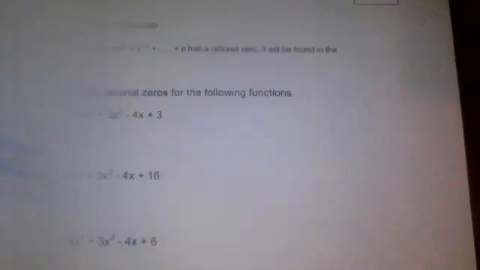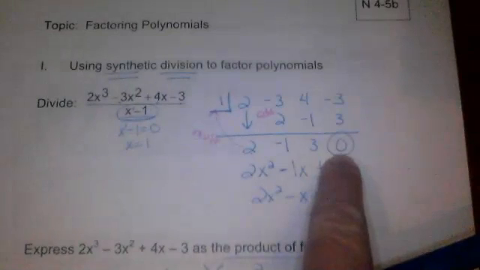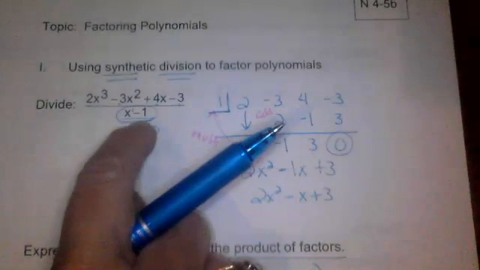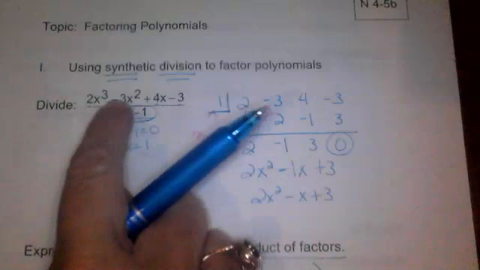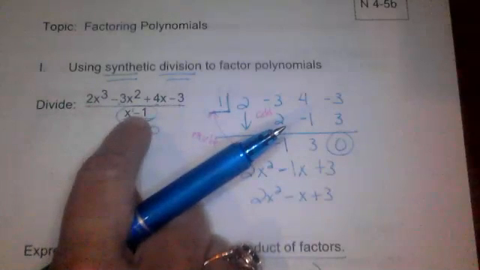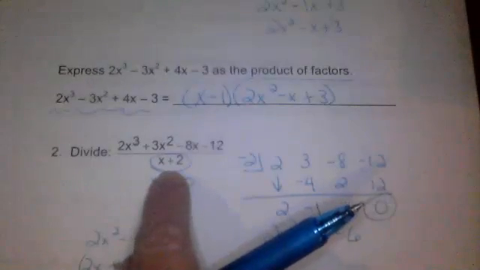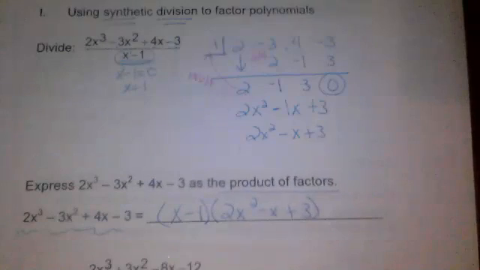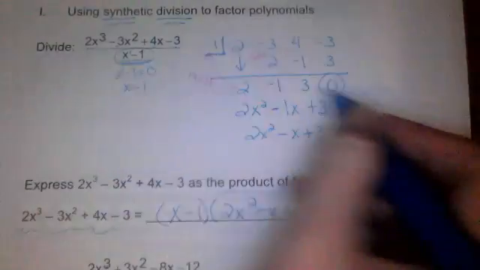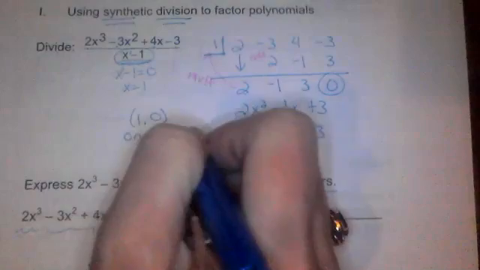So back over here, whenever we got a 0 at the end, that meant that this was a 0, or a place where the graph of the original function would have crossed the x-axis at 1. And this one, this graph crosses the x-axis at negative 2. That's because the point 1, 0 is on this graph.